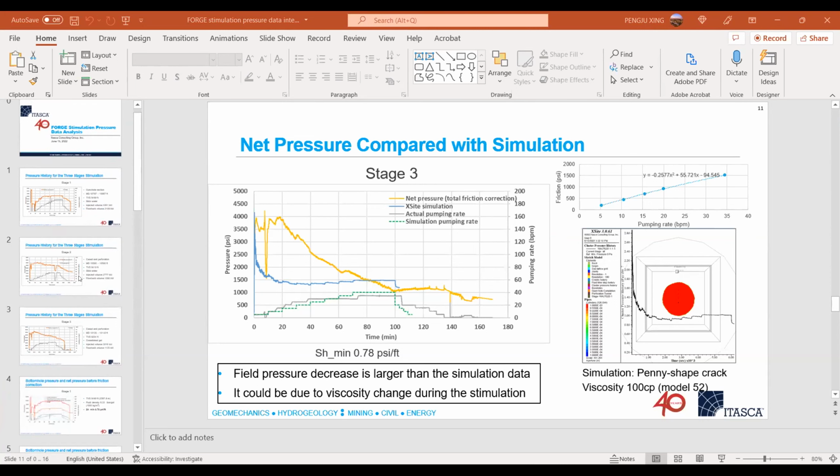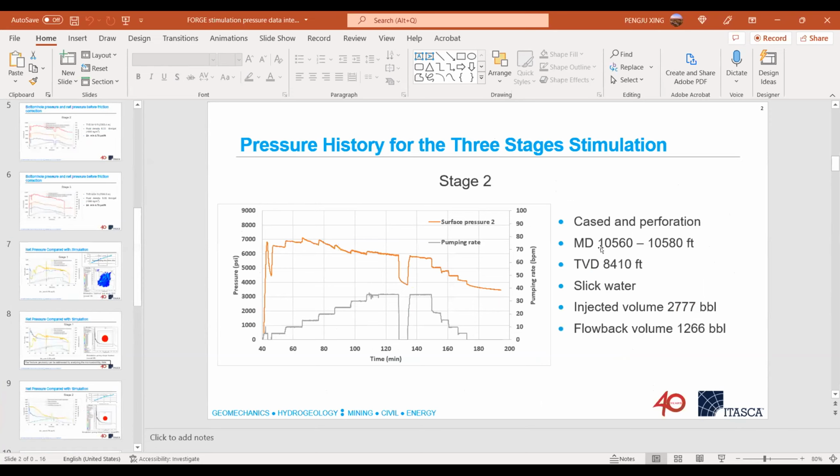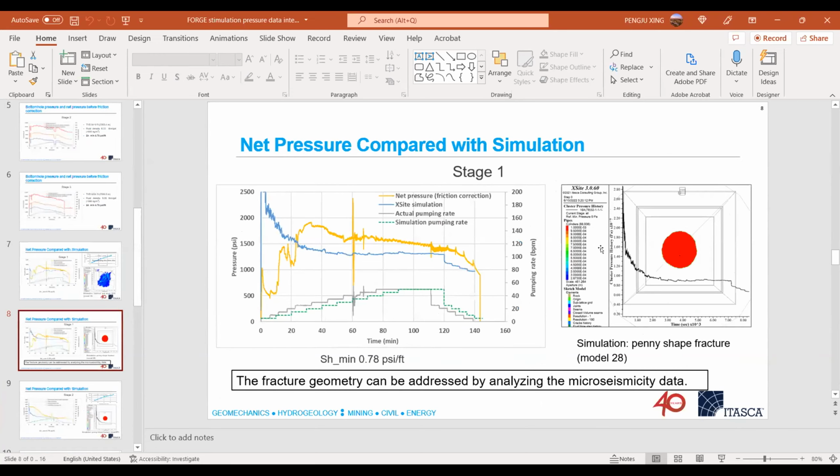So Pengju, what sort of half lengths were you getting? The seismicity shows a microseismic envelope that's a pseudo-radial fracture at least 300 feet in radius. I think this circle's diameter is 320 meters. Diameter.